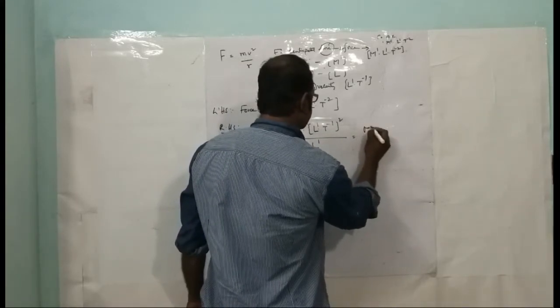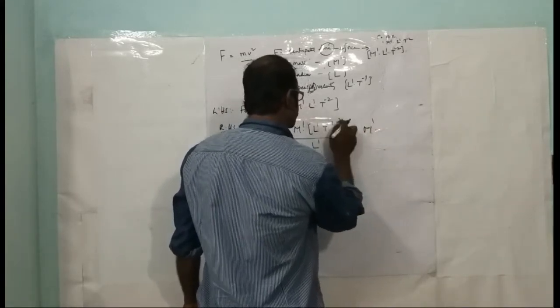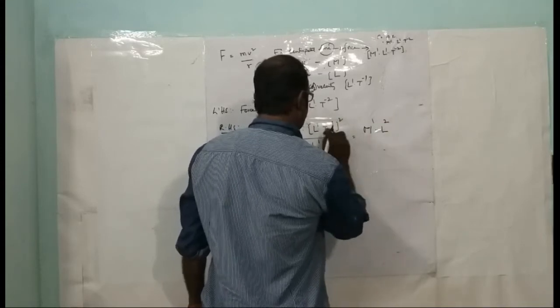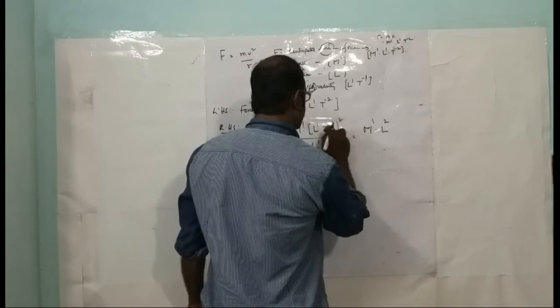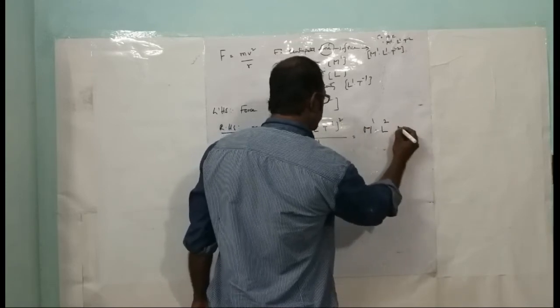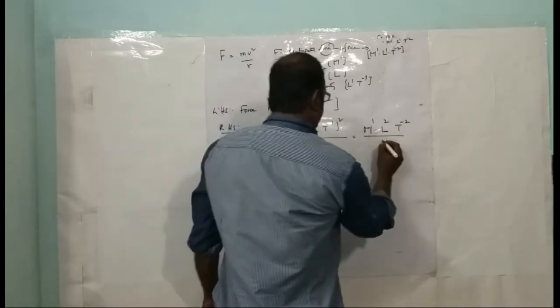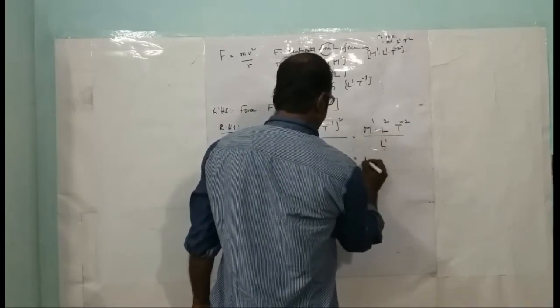So I can write like this, m1, L1 to the 2, which is L1 into 2, it is 2, t minus 1 into 2, minus 2. And it is L1, so it is m1.